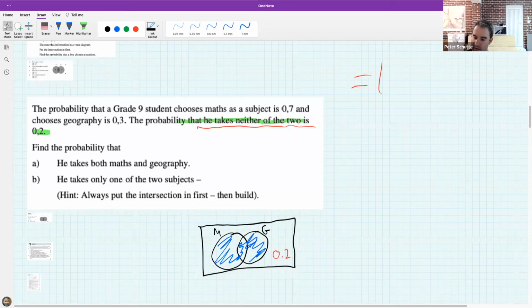However, they've just given you the probability of maths by itself and geography by itself. So you have to ask yourself, if it should be 0.8 and I add them together and I get a bigger number than that, what is this middle bit going to be?